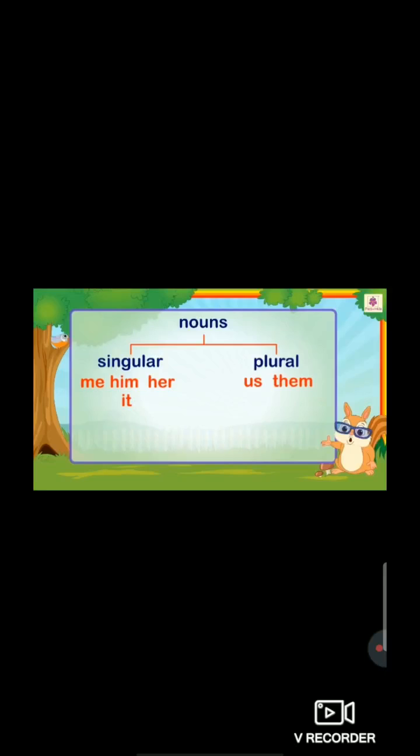It is a very important point. Students, again I am saying the singular words me, him, her, it, and for plural, us and them. All these words come in the middle of the sentence or at the end of the sentence.